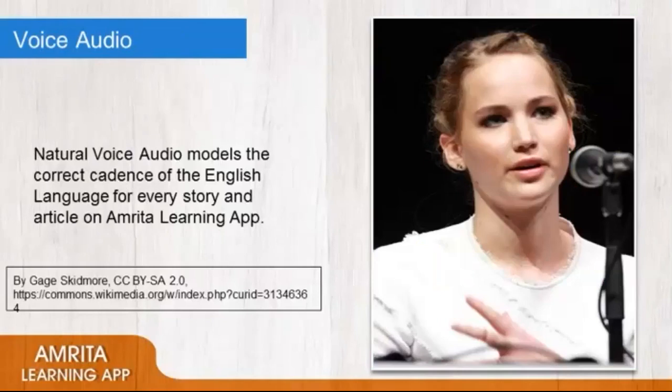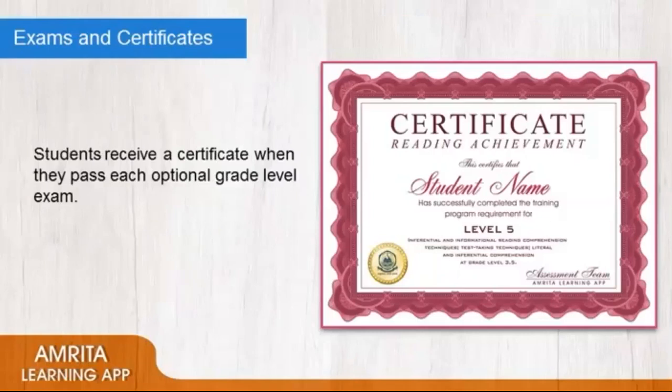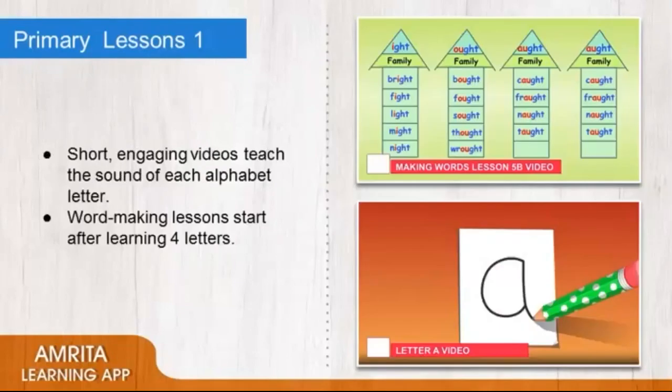We use natural voice audio for all stories. This way we capture the correct cadence of the English language. Students receive a certificate when they pass each optional grade level exam. The alphabet sounds are taught by choosing high-frequency letters so that word making can begin almost immediately.